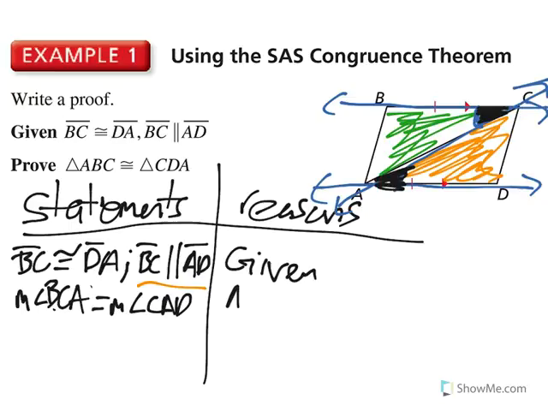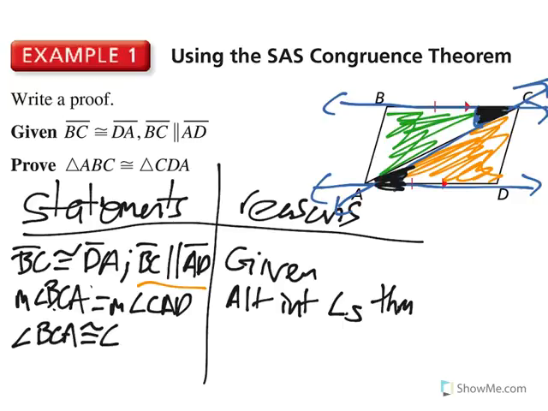This is based on the alternate interior angles theorem. From that statement, if angles are equal, then I can also say that they're congruent. So I can say angle BCA is congruent with angle CAD. This is based on congruence theorems of angles, but just congruence in general. So now in my diagram I have a side and I have an angle on each one.